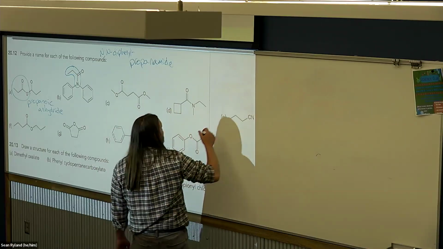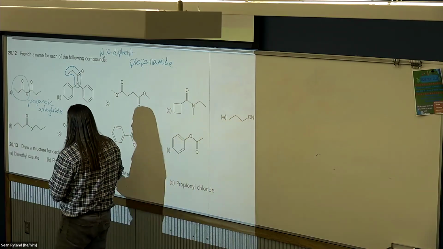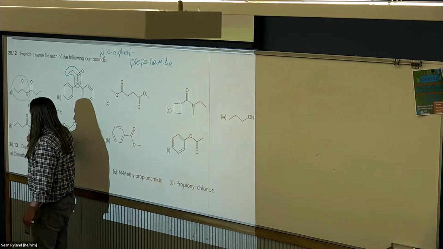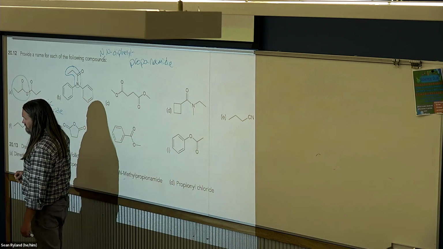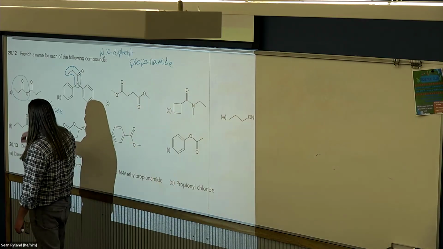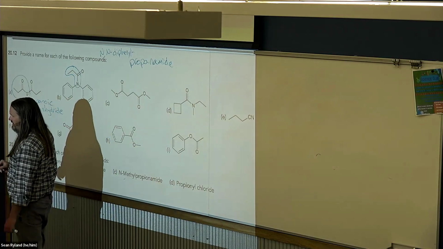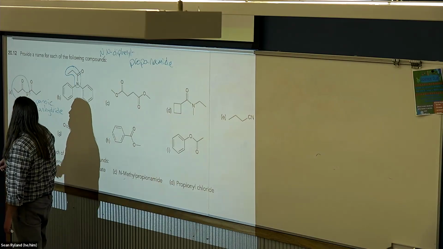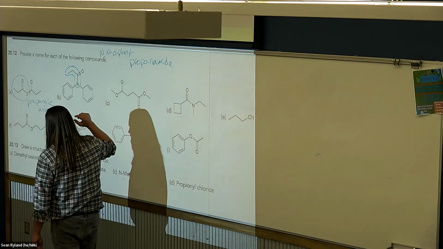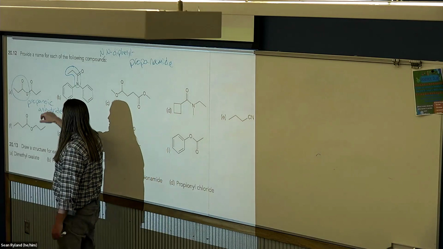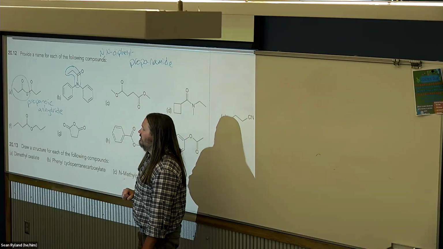No space. You only use the spaces for esters and asymmetric anhydrides. If it's an asymmetric anhydride, you say what's on one side and then what's on the other side as two separate words. But if it's not an anhydride or an ester, it's all one word still.